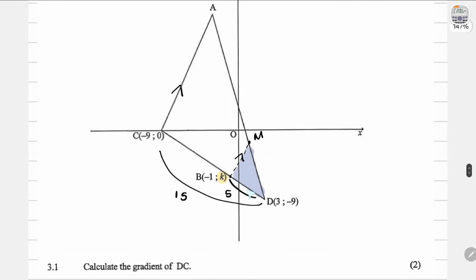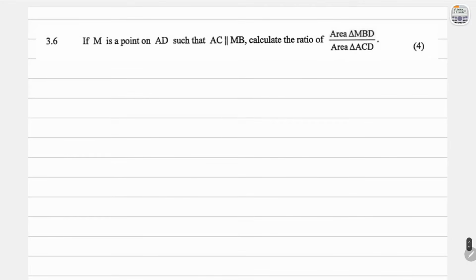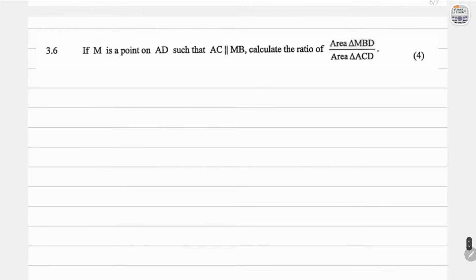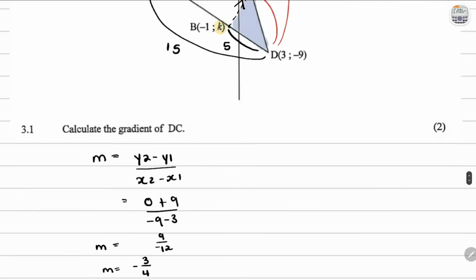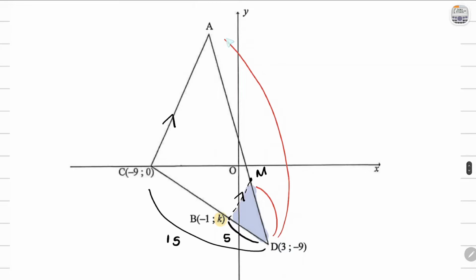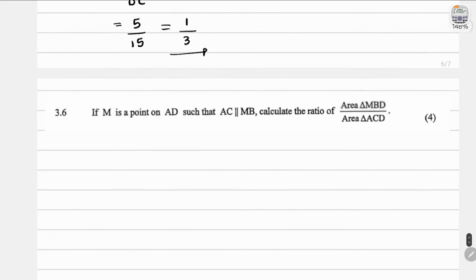Okay, so first of all, we already know that DB over DC is 1 over 3. So we're going to actually write the ratios down, but let's just put it down so that we can write the proportionality theorem. Well, this is not really Euclid, so you don't have to give reasons. So when we're looking at those two triangles, we can also just tell them that DM over DA is going to be equal to 1 over 3.